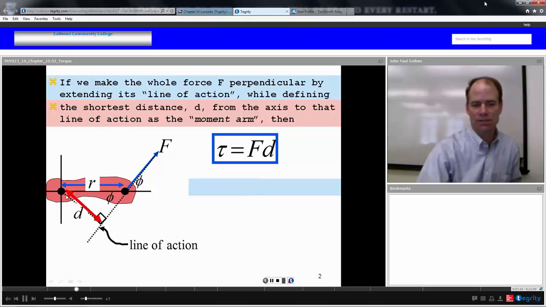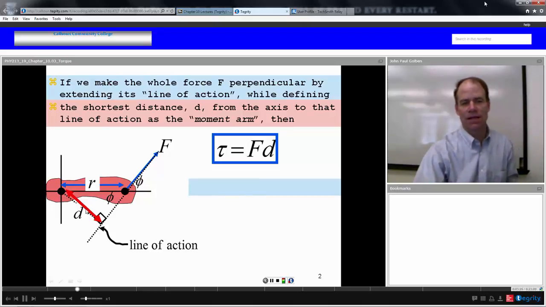Note that if I look at this triangle here, the hypotenuse of that right triangle is r, and so this distance d, this being phi here, is equal to r times the sine of phi.